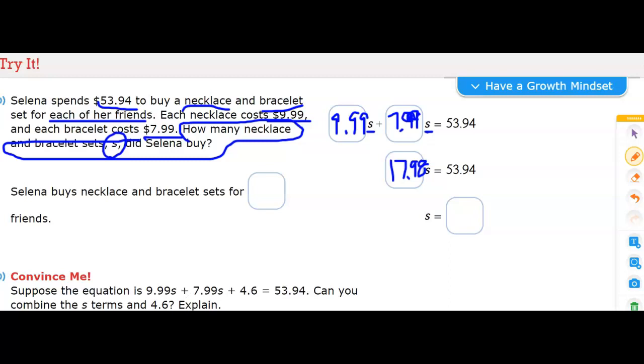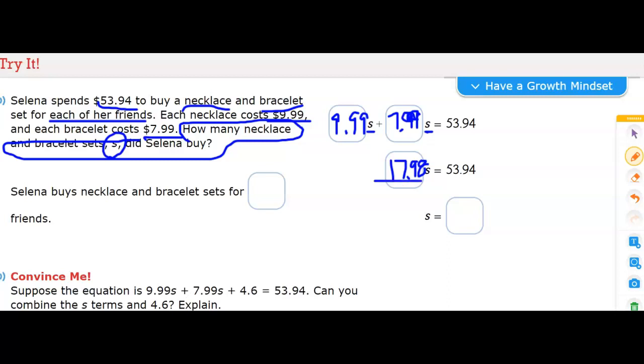Now, to solve for the number of sets of bracelets and necklaces, we need to use the inverse of the operation used, which is multiplication here. $17.98 times S is equal to $53.94. So the opposite or inverse of that is division.